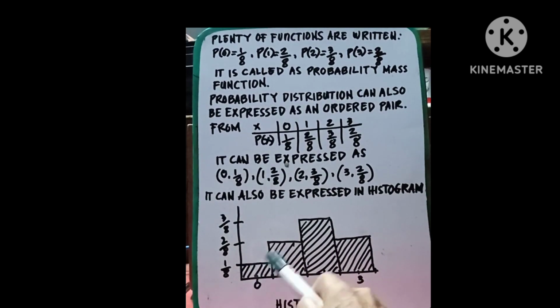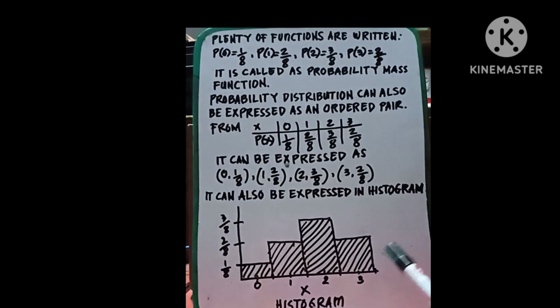So we shade the graph, and that is how we can also present the probability distribution through a histogram. So until here only. Thank you very much. Bye.